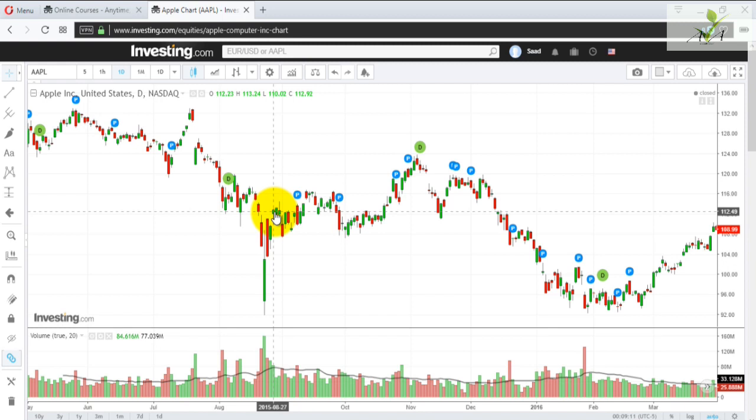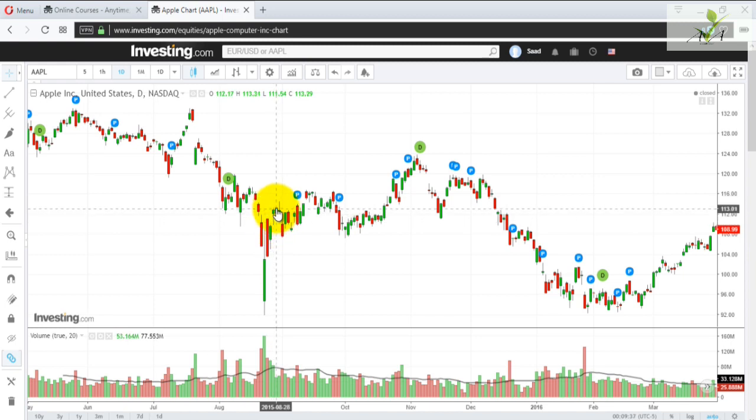So 70 cents, and this fall is what? $2.20. So that's approximately 3 times. The lower shadow should be 2, 3 or more times whatever the body size is. And once this happens, this is a bad move. It should not happen because it represents a change in trend.